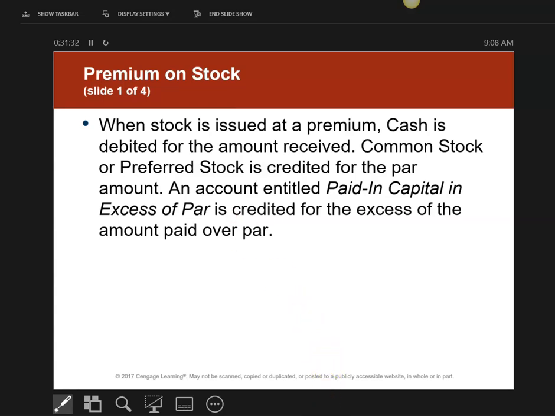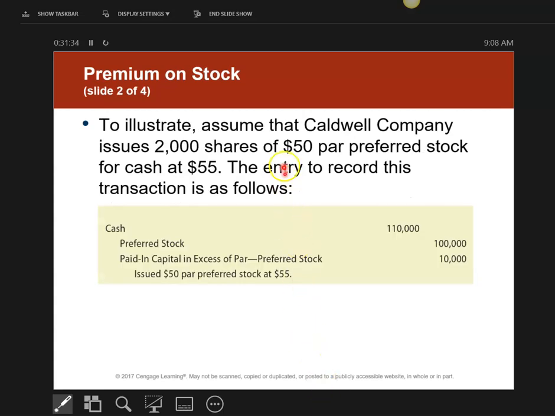Let me show you an example. So here I sell preferred stock. I issued 2,000 shares of $50 par preferred stock. Normally the 2,000 times the 50, which would be $100,000, would go into my account, but I actually sold it for cash at 55. So I really got 2,000 times $55, which is cash of 110,000.